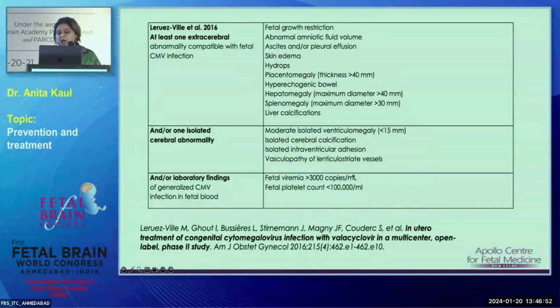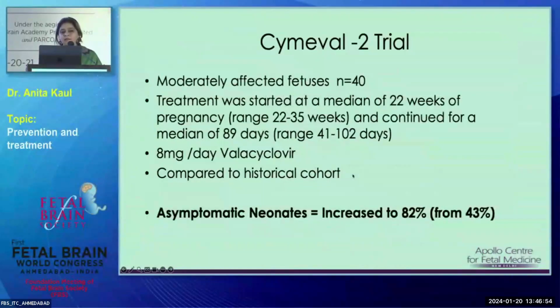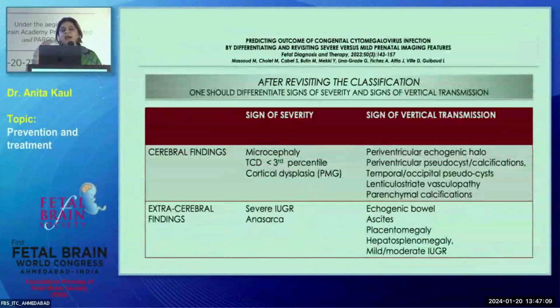What they found is that if you give valacyclovir, you increase the number of asymptomatic neonates from 43% to 82%. So my point is that, as happens with us, we are very knee-jerk about doing terminations.